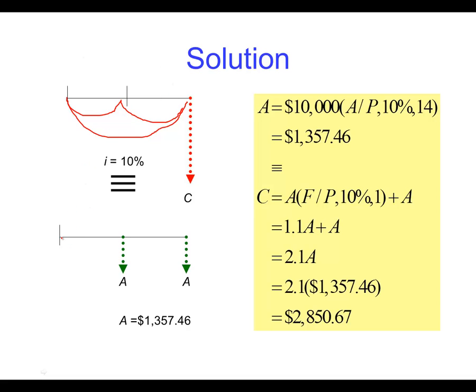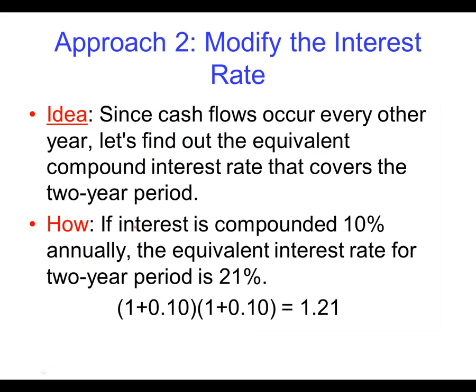Instead of taking 10% for each period and adding that to get the result, we can find the interest rate for the 2 periods.